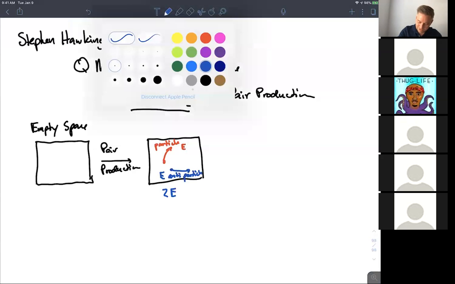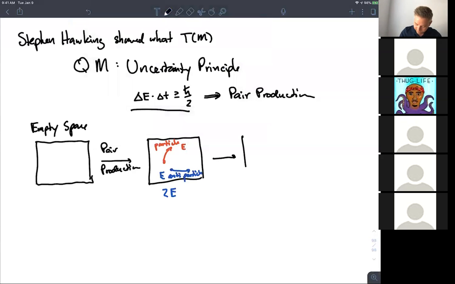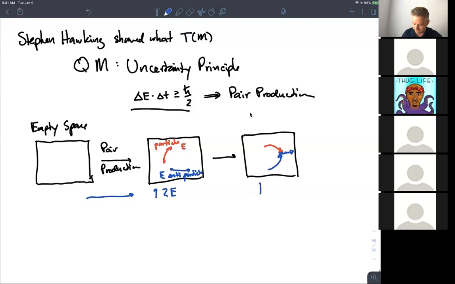But now what can happen is that these particles, so it's a particle and an antiparticle pair, can annihilate with one another. And when they annihilate with one another, they give the energy back. Okay, so here we had to gain an amount of energy 2E, and here we lost an amount of energy 2E.